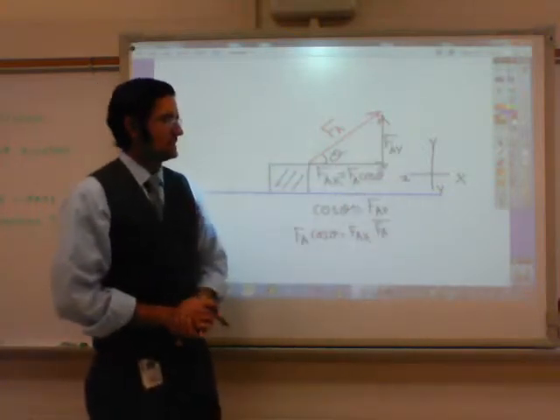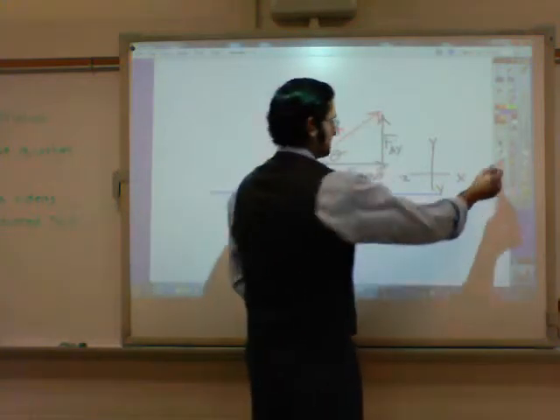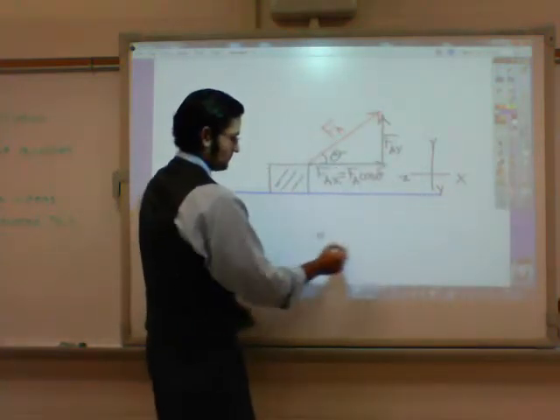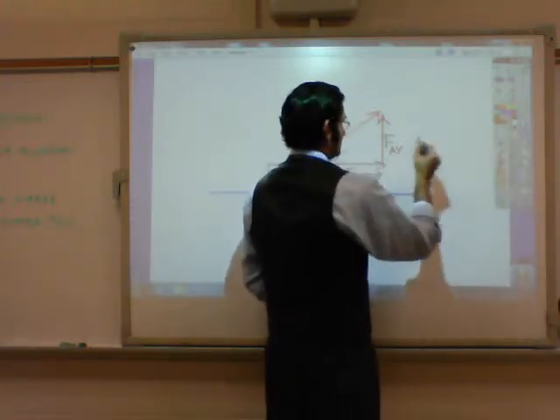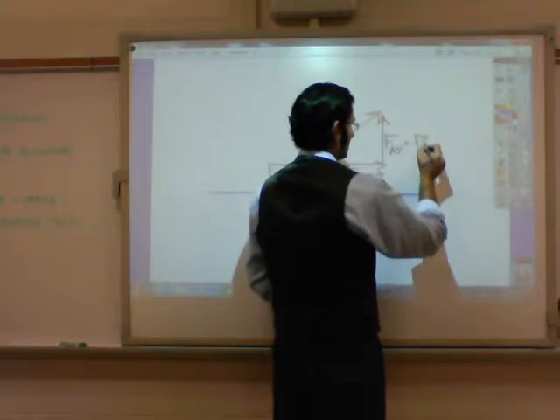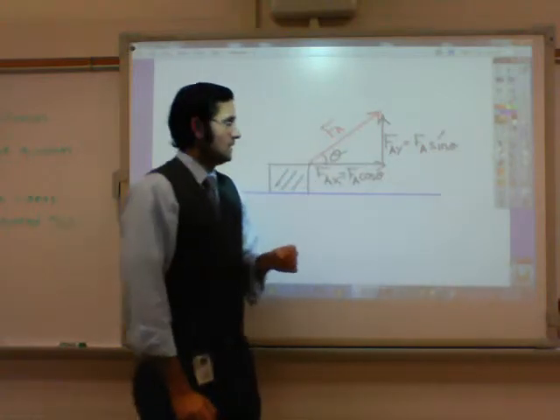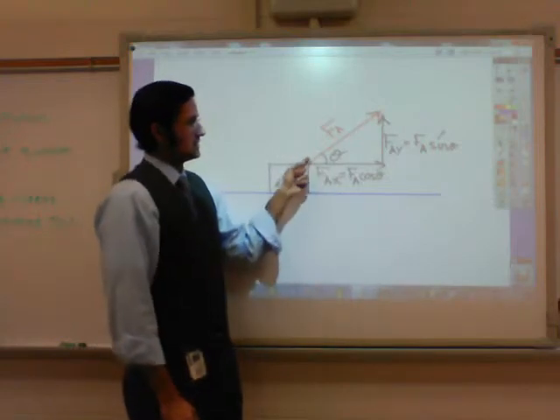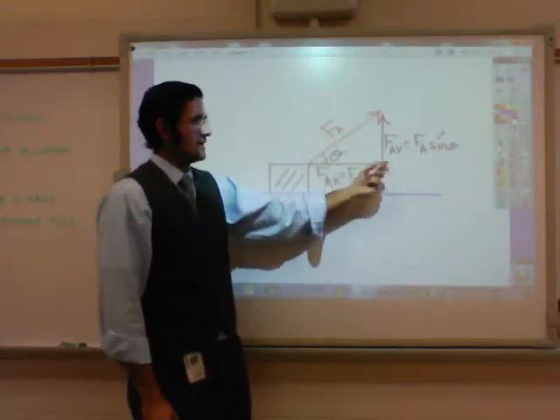Well, you use the same idea, except instead of cosine theta, you're going to use sine theta. So, the gist of this example is that when you're pulling with a rope at an angle theta, you're actually pulling to the right and you're pulling up.